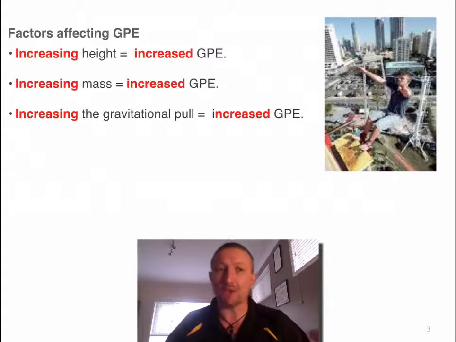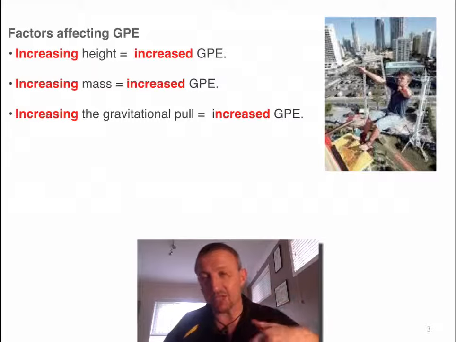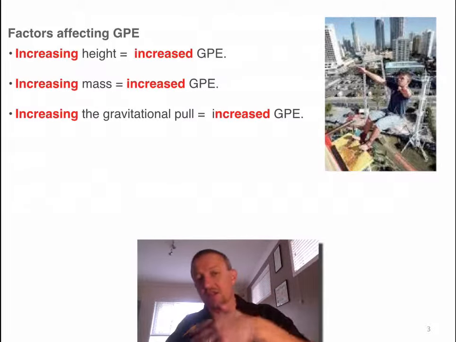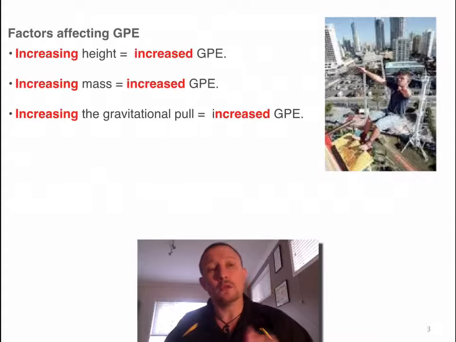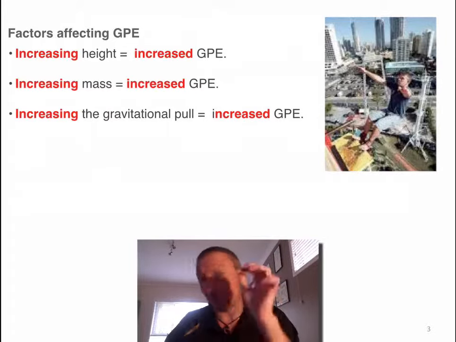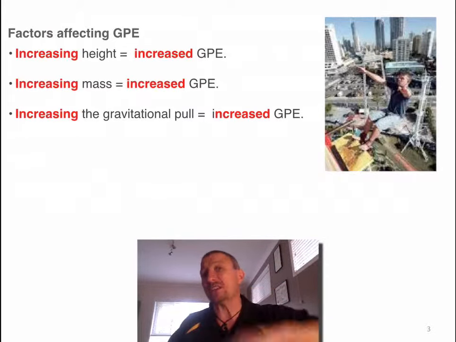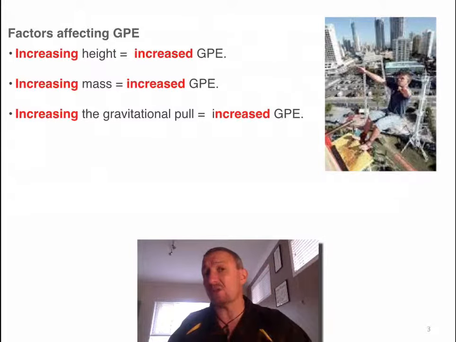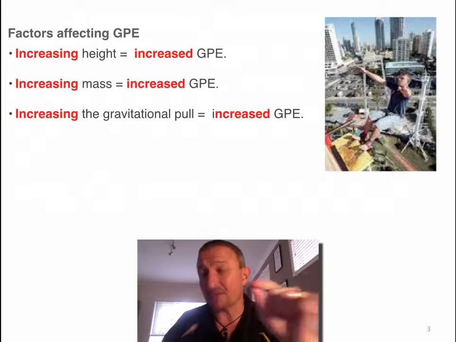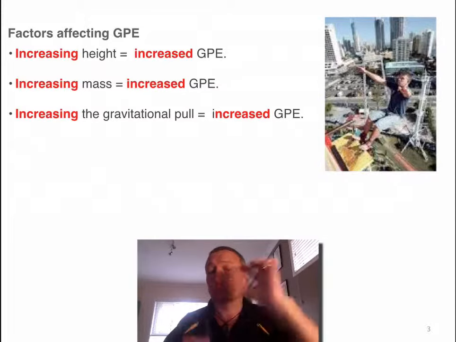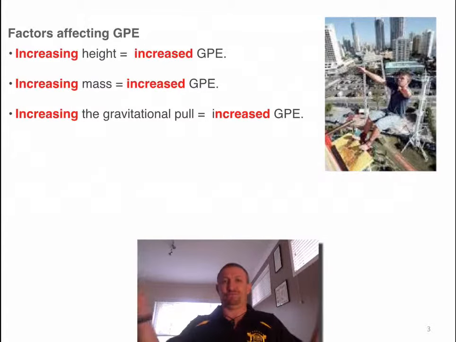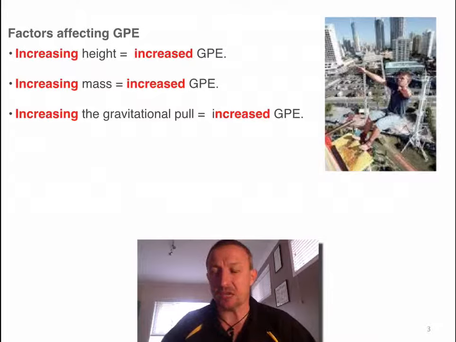And vice versa, obviously. Decreasing the height decreases GPE, decreasing the mass, lop an arm off, decreases your GPE, or decreasing the gravitational pull. So if you went to the moon and went up a certain height, your mass would be the same, the height would be the same, but the gravitational pull of the moon is very, very small. It's only like 1.6. Then the result is you're going to get decreased GPE.